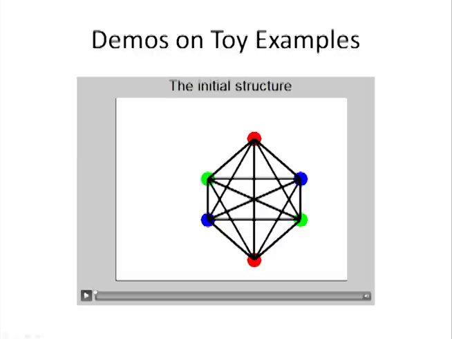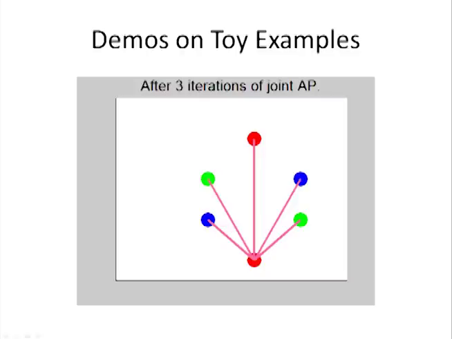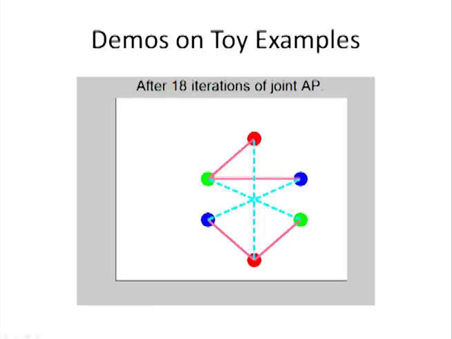After 3 iterations, it only learned this edge cluster and then gets the node alignments. It's already correct, but it can still change the connections, what examples you need.